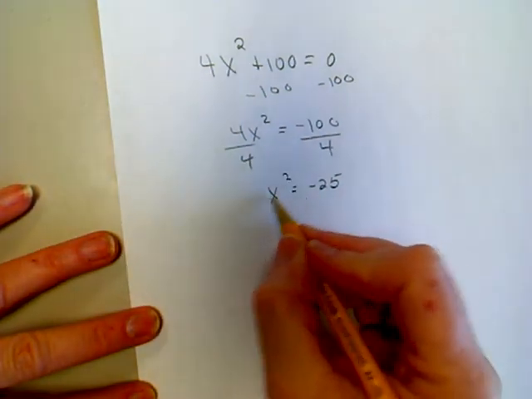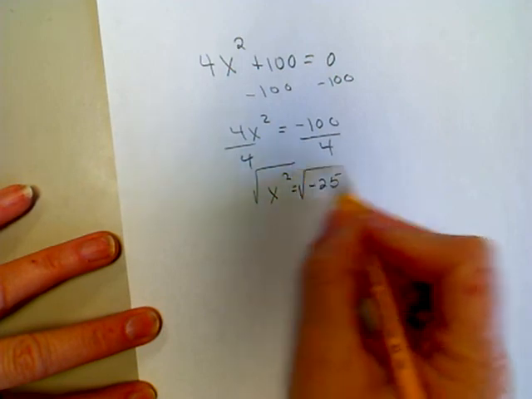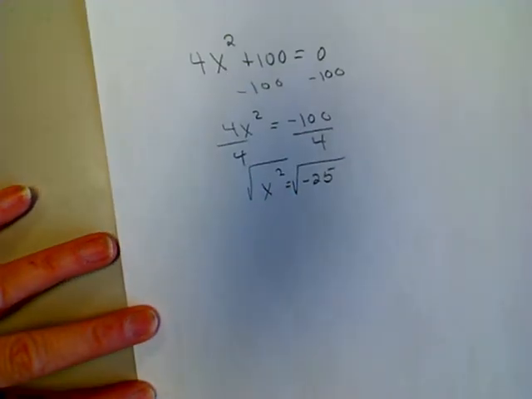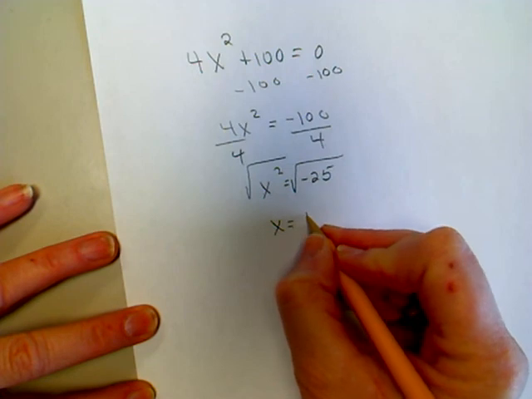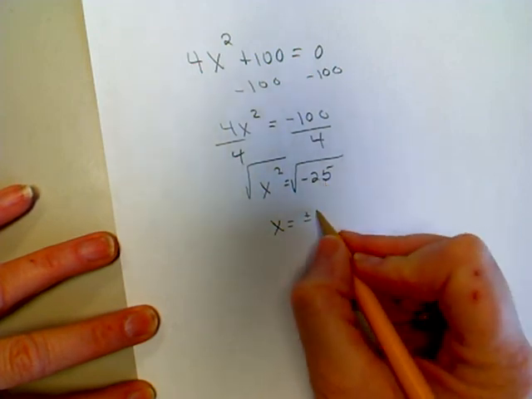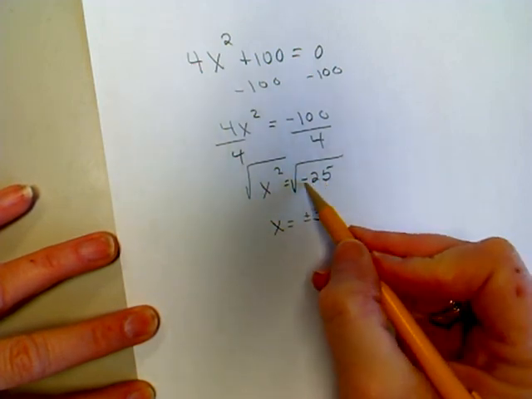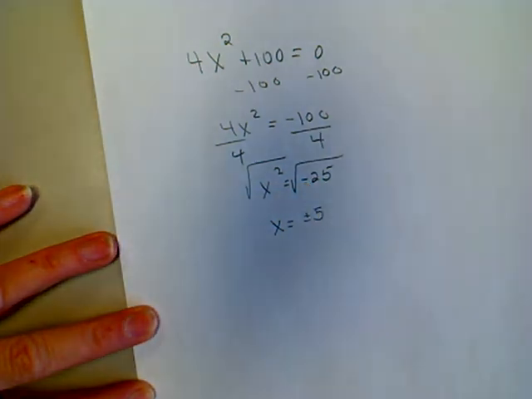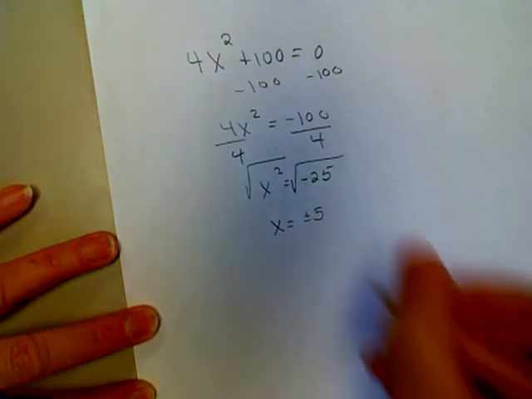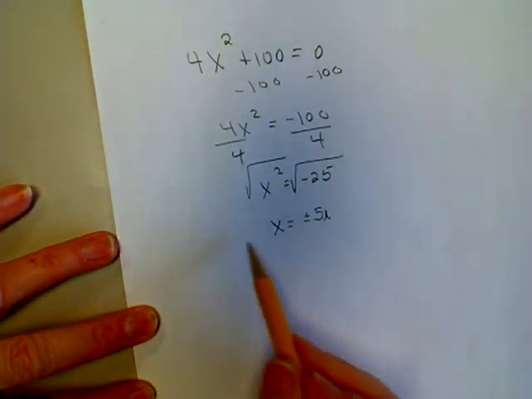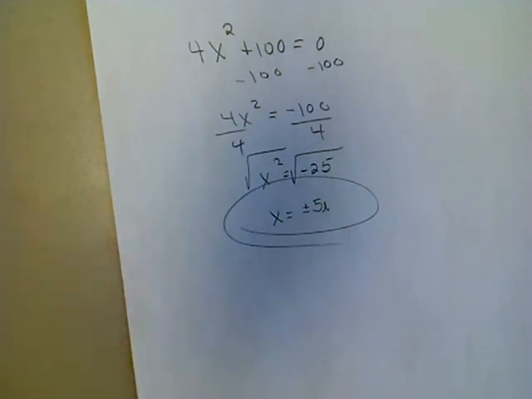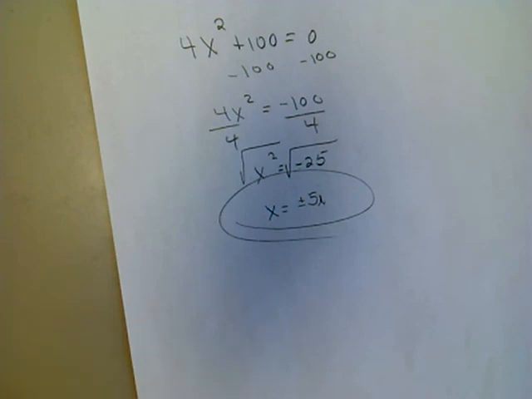To solve for x, I have to square root both sides. So x is going to equal plus or minus 5, but there's a negative under the radical, so what has to be in my answer? Not the 1, i. Yeah. So that would be the answer. Again, whenever you solve an equation that you end up with a negative under the radical, you have to have an i in your answer.